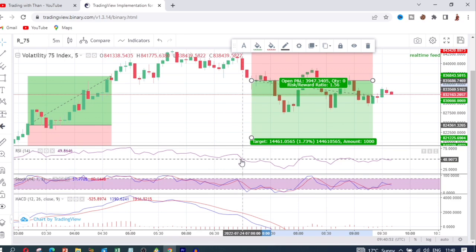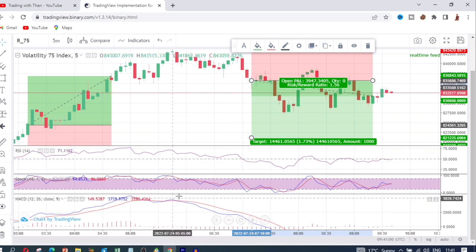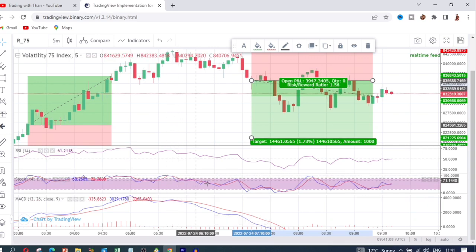So as the RSI crossed going down here, confirming the downtrend, right? We already had a crossover on the MACD, and also we know that the Stochastic is coming from the overbought here, it's going down, and then we're waiting for the RSI to cross. Once the RSI crosses the 50 level going down here, we are going to be placing a sell order.